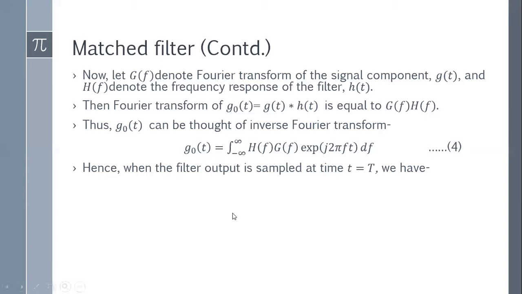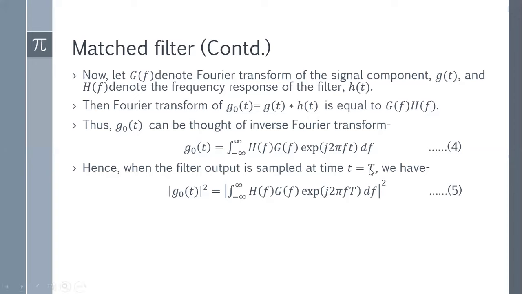I can write this equation in this form, and I will get the power of each pulse. Since I am sampling the output at a sampling time of T, I will get the power of each pulse at a time.